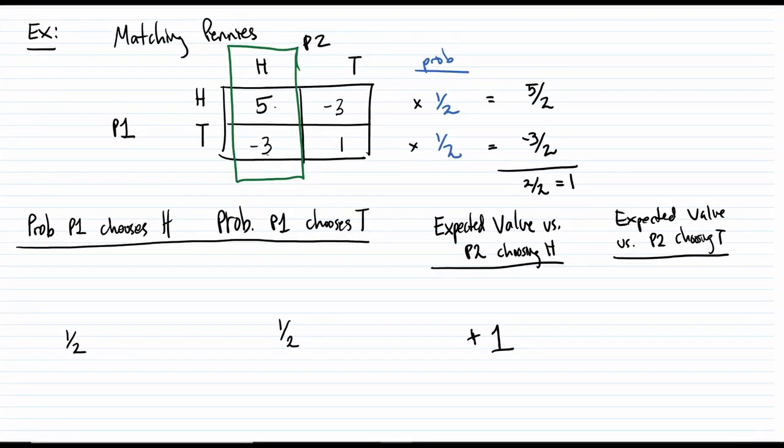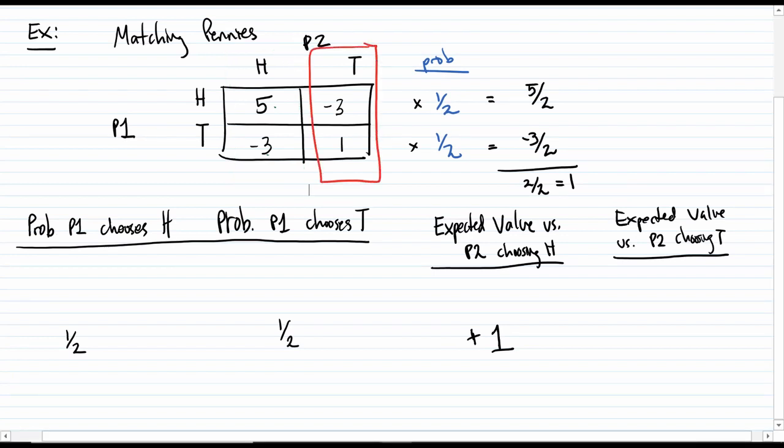Now, what about if player two chooses to use tails instead? Then we're no longer in that first column, we're in the second column, and so the outcomes change, and therefore the expected value will change. It'll no longer be 5 halves and -3 halves. It'll be -3 times 1/2, -3 halves, and 1 times 1/2, 1/2.